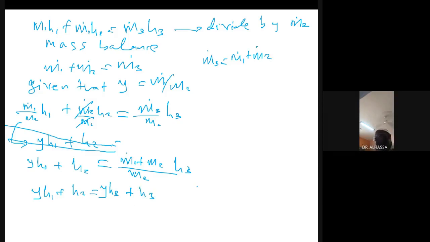If I rearrange this equation, Y now equals H3 minus H2, all divided by H1 minus H3. So that's it. Now we need to find the enthalpies at state 1, state 2, and state 3. That's our job now.